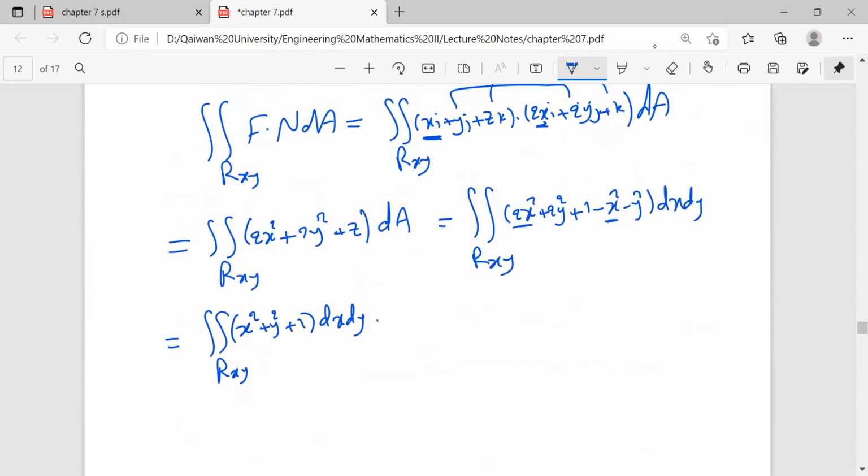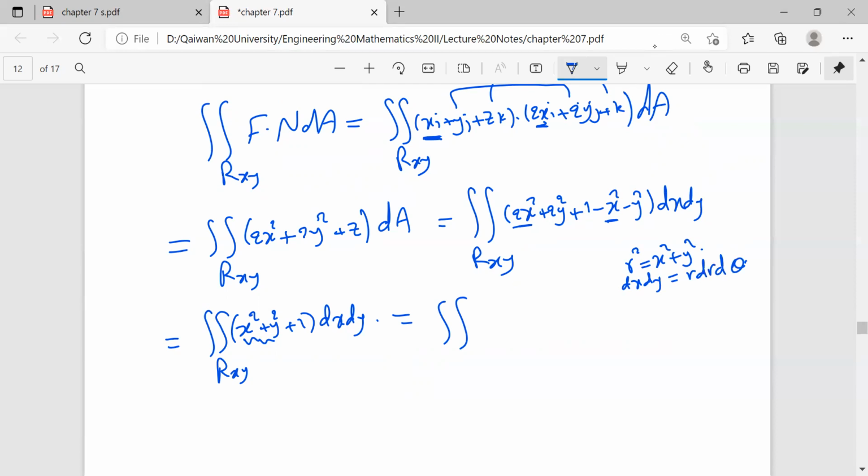And here this equals a double integration. We convert the double integration to polar form to make the integration easier. Here x squared plus y squared becomes r squared, since r squared equals x squared plus y squared, and dx dy equals r dr d theta.